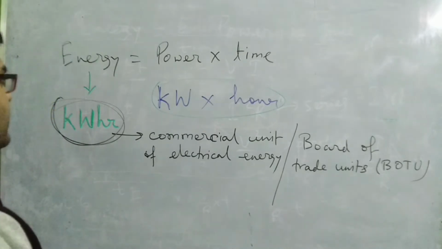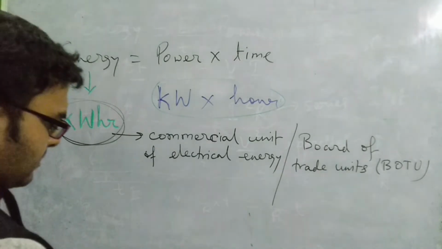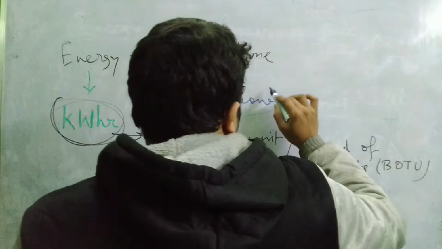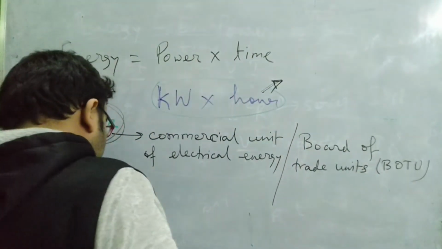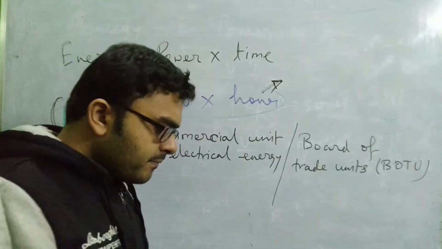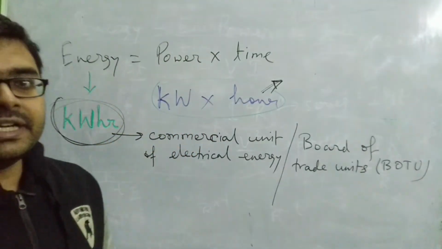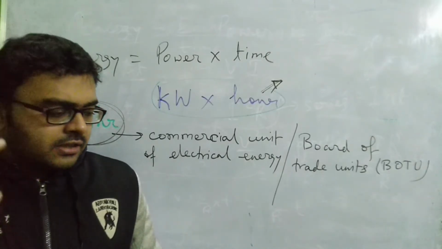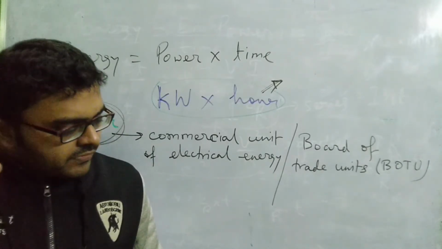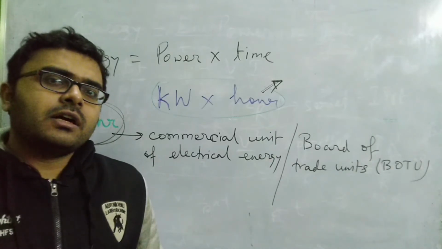So how can you define kilowatt hour? Now see, generally the appliances are rated by their power ratings, and on the appliances the voltage rating and the power rating are marked.